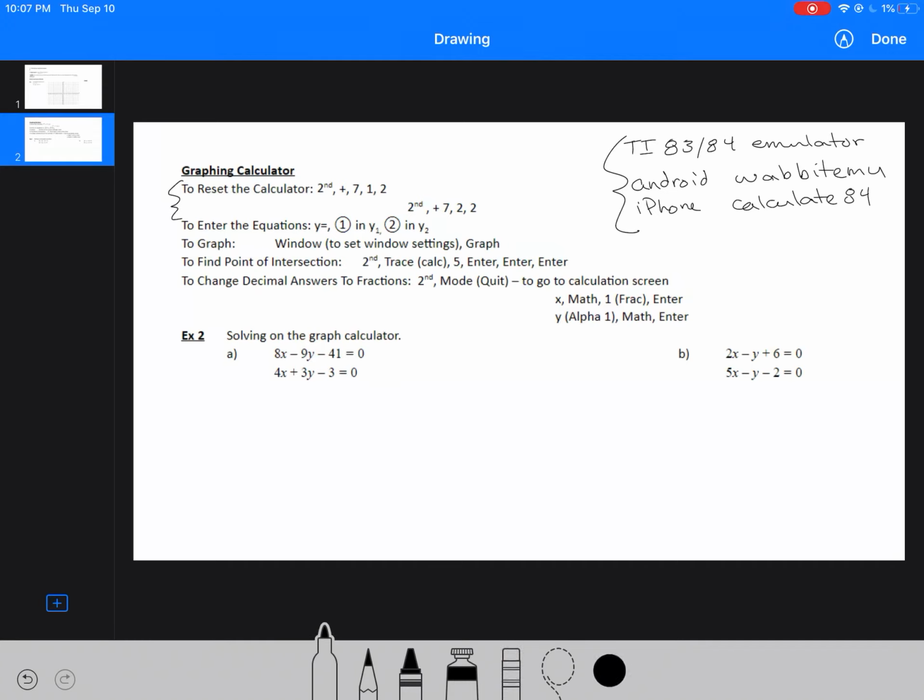For equation 1, I would have minus 9y equals minus 8x plus 41. Then I would divide everything by minus 9. So I'd have 8 over 9x minus 41 over 9. My second equation, I would have 3y equals minus 4x plus 3. Then I would divide everything by 3. So I'd have minus 4 over 3x plus 1.